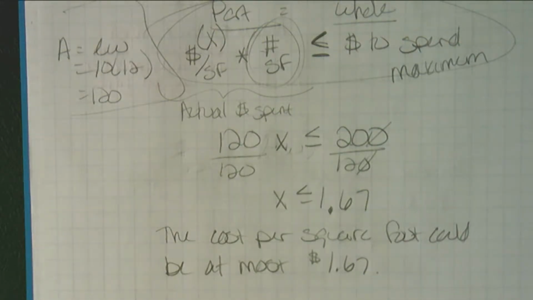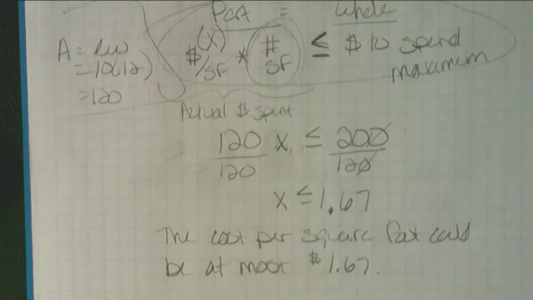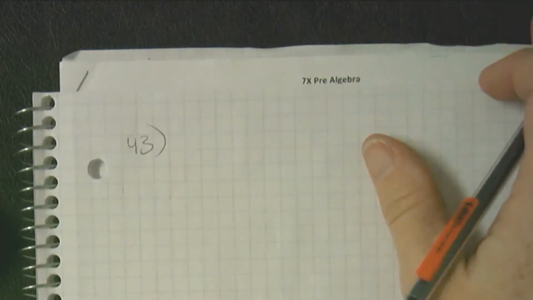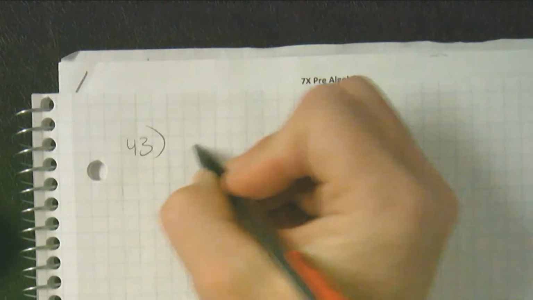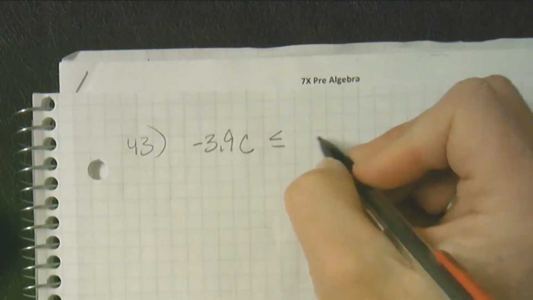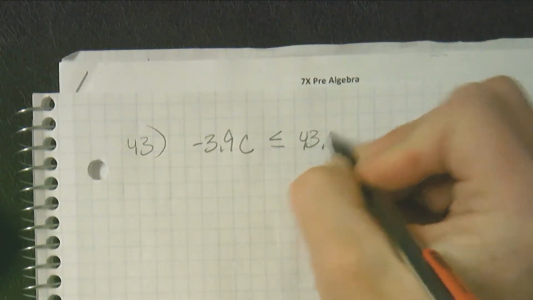All right, what else can I do for you guys? Patrick? 43. All right. And then I do have to move on. If you have more questions from the homework, please come see me because I have one more new thing to get to. So 43 said that I have a negative 3.9c is less than or equal to 43.68.